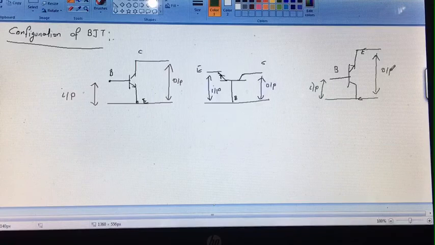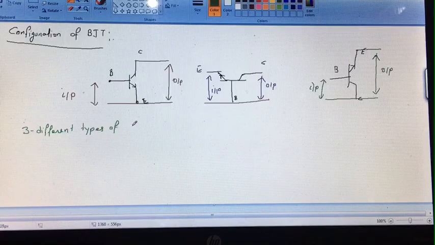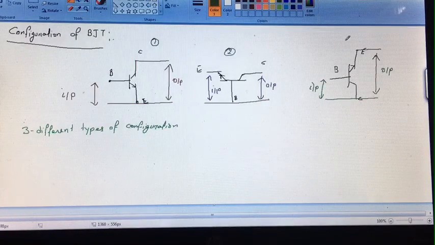So we have three different types of configuration. This is your first, second, and third.